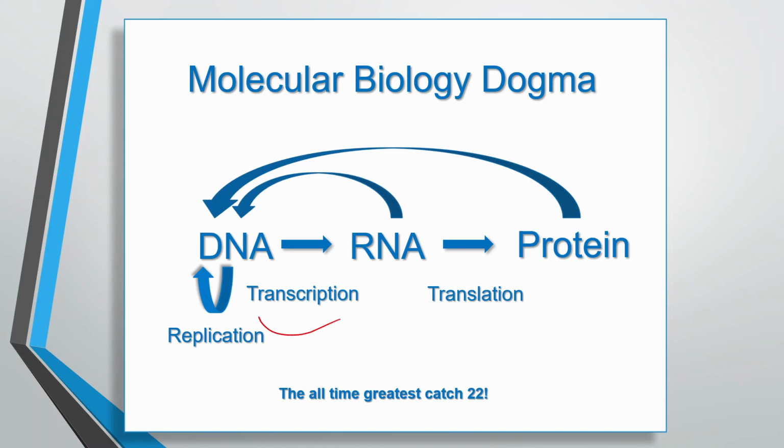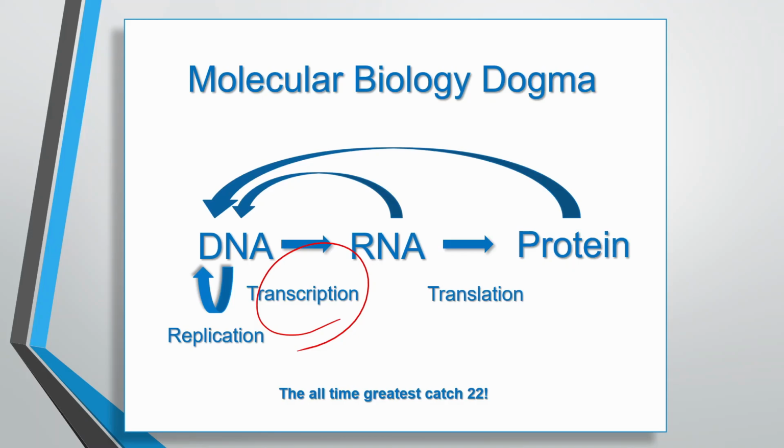And I'm going to start here with transcription. Transcription is the biological process where DNA is used to make an RNA copy of itself. Transcription is the process of creating an RNA molecule that's complementary to a DNA sequence.